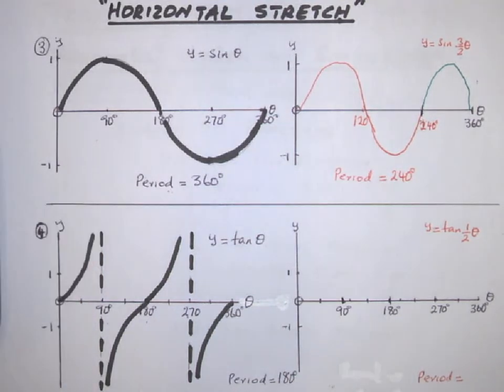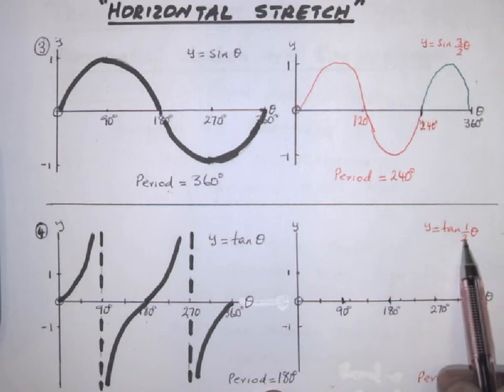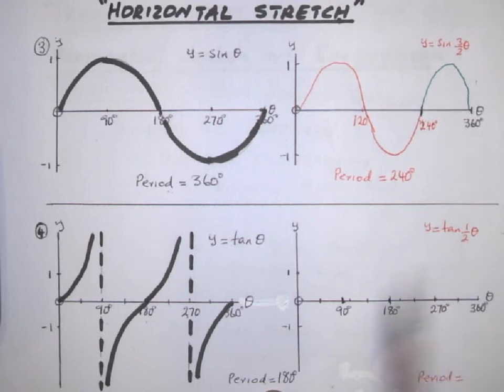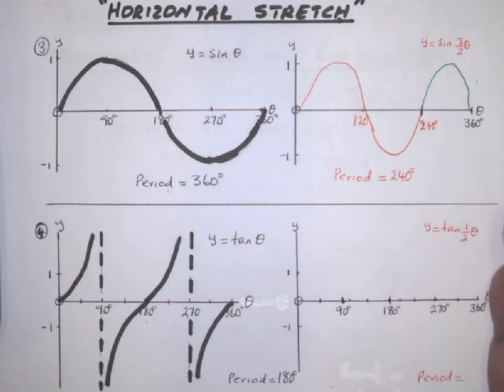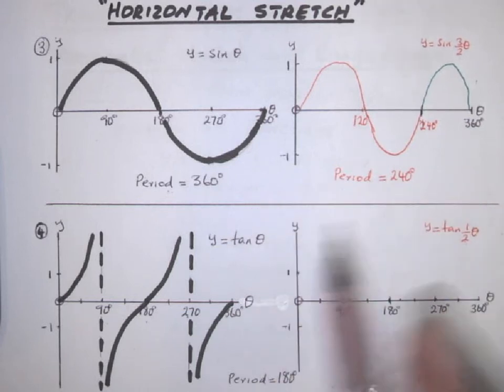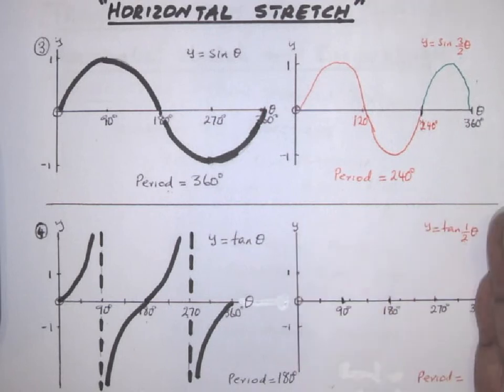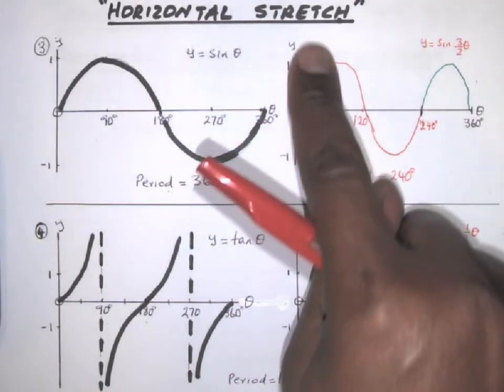Now, to work out how to draw that graph, I do the same thing as before. I take the 180 degrees and divide by a half, so the complete wave will go up to there. What we are doing, remember, is stretching the graph.